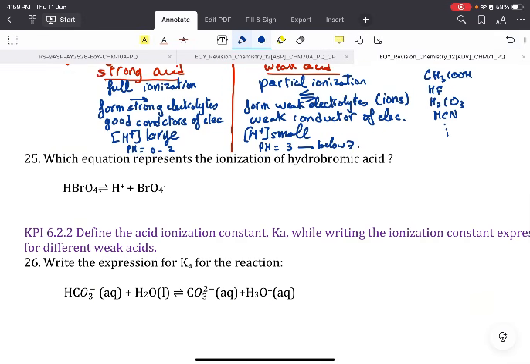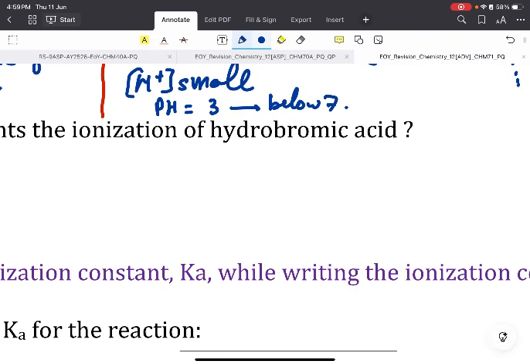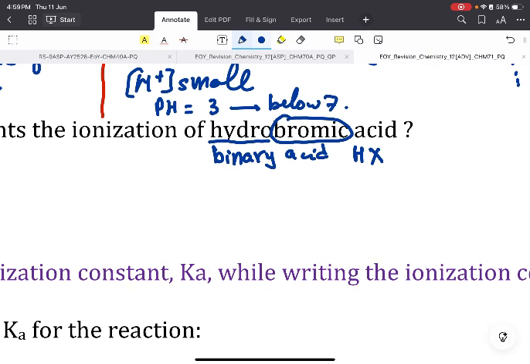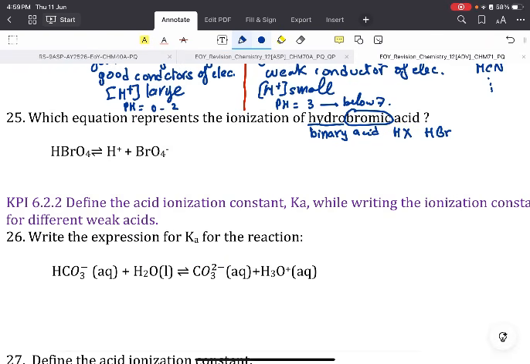Which equation represents the ionization of hydrobromic acid? Hydro means I have a binary acid, and a binary acid is H and an element. Now since the element here is bromic, this means this is bromine, so this compound is HBr.